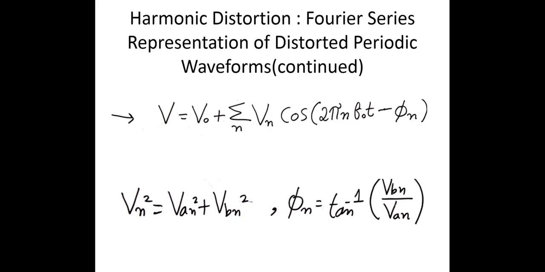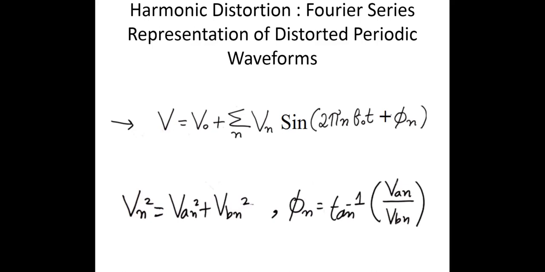So now this gives us a compact way to write the Fourier series representation of our periodic signal. We can also use a sine wave representation for our periodic voltage. So here V is equal to V naught plus sum of Vn sin 2 pi n f naught t plus phi n, where Vn square is equal to VAn square plus VBn square as before.